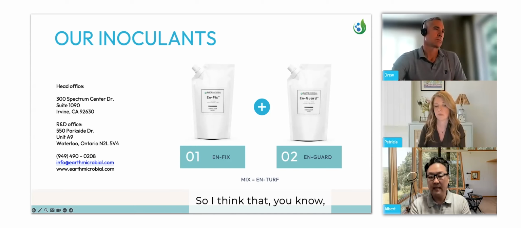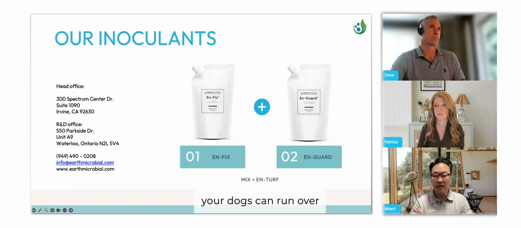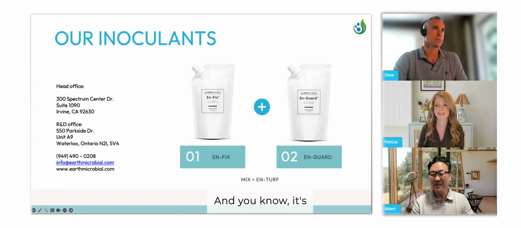So from an application standpoint, we just try to make it really simple. Start with what you've already got, apply it on top. You can't over apply it. It's safe for use. Your dogs can run over it right away, and it was designed for food safety.